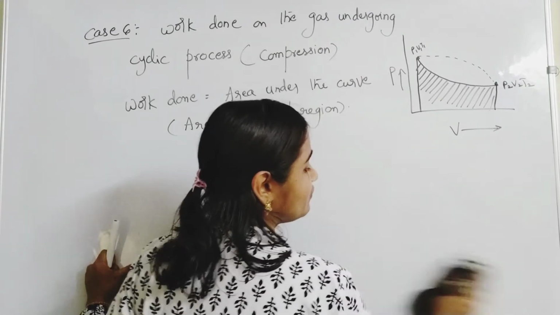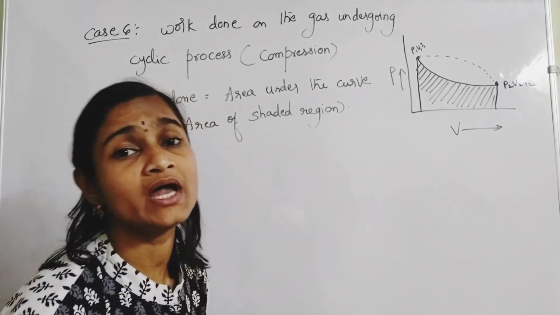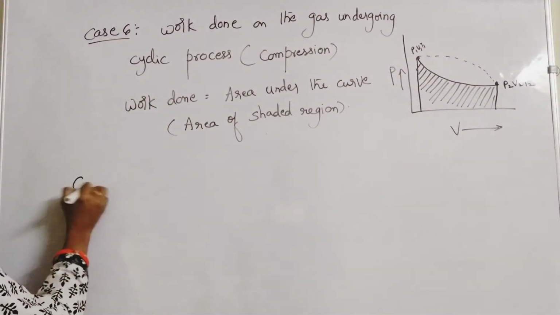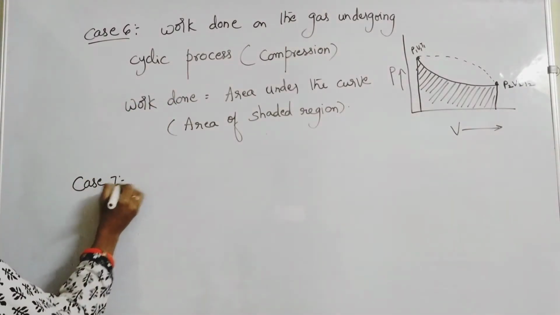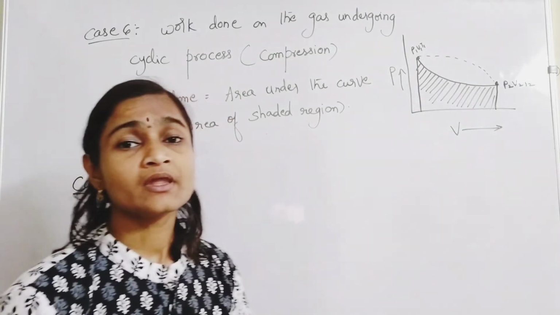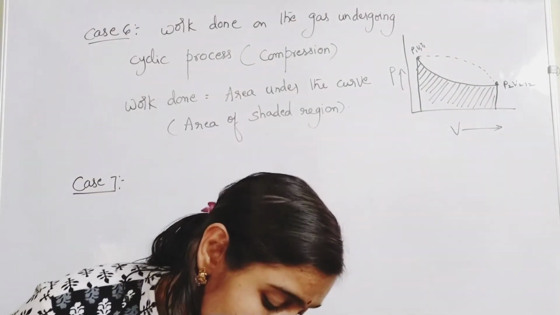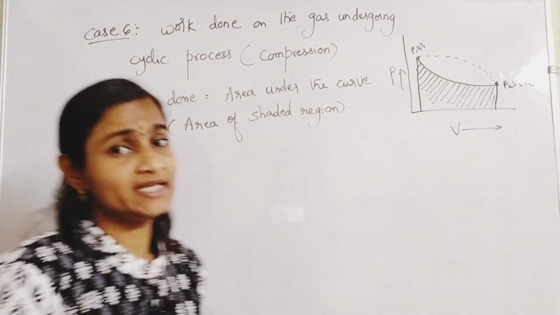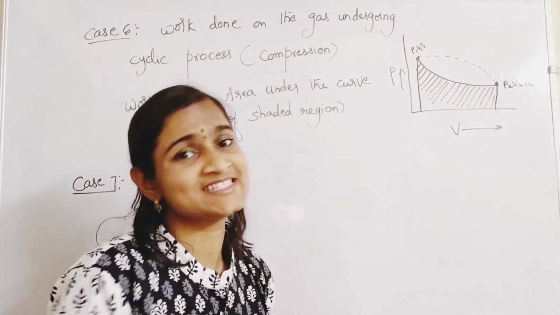Pause the video if you feel, and write it and practice. You will get it. So case 7. What is case 7? Suppose the gas is passing from initial state to final state in different ways.